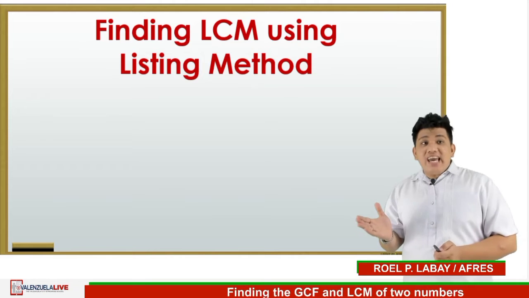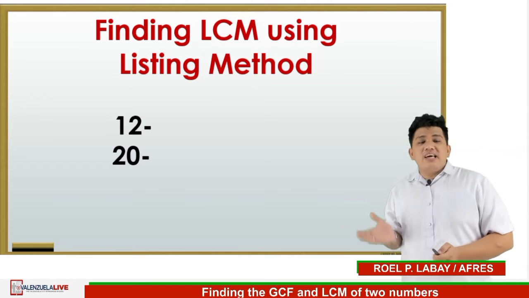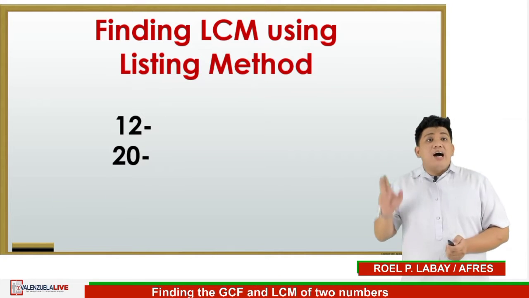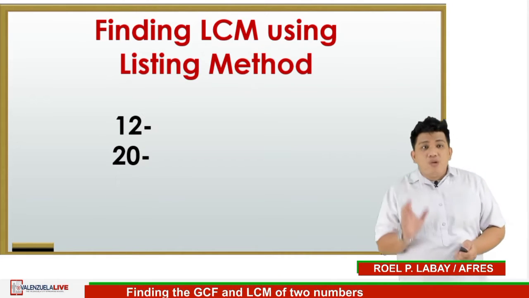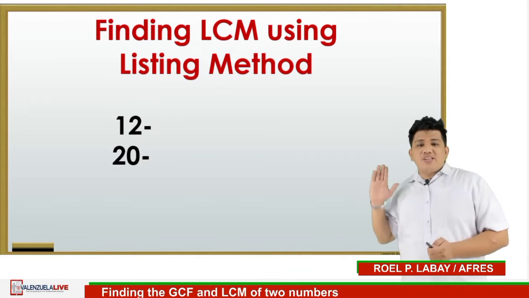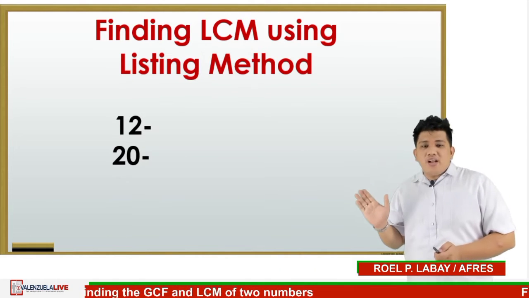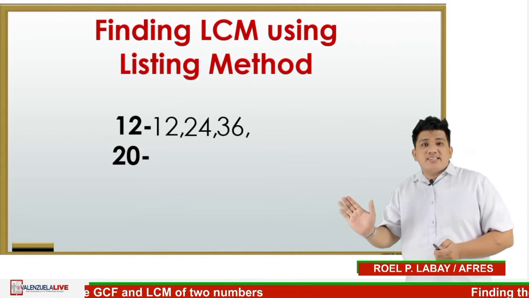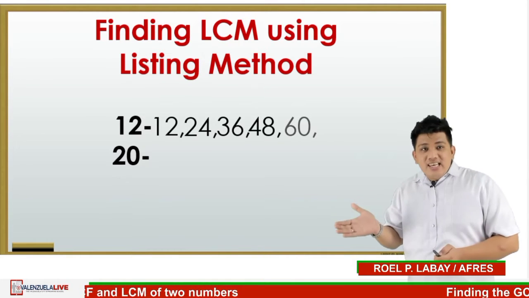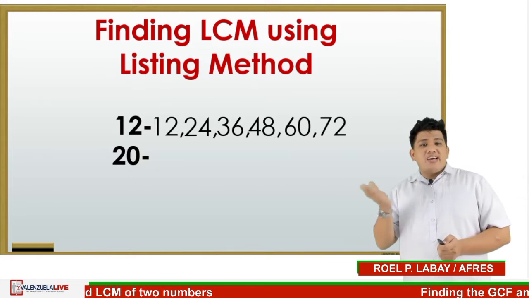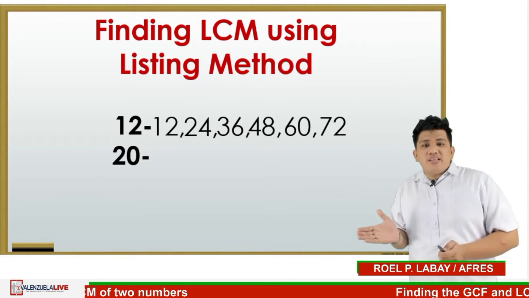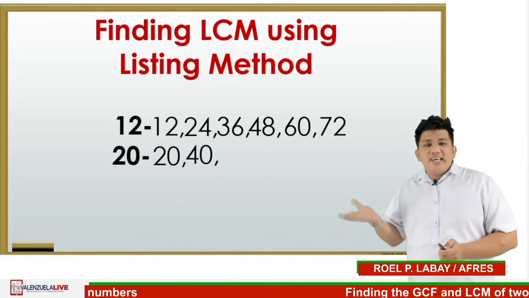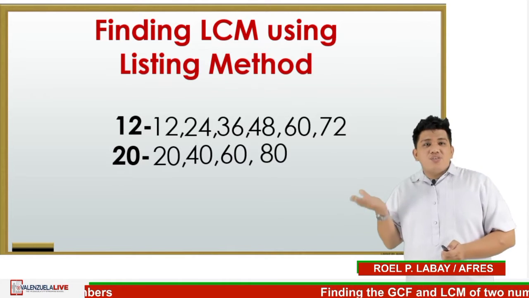Let's find the LCM of 12 and 20 by using the listing method. Now, we will list down the multiples of 12 and 20. The multiples of 12 are 12, 24, 36, 48, 60, 72, and so on. The multiples of 20 are, we'll just skip count by 20: 20, 40, 60, 80, and so on.